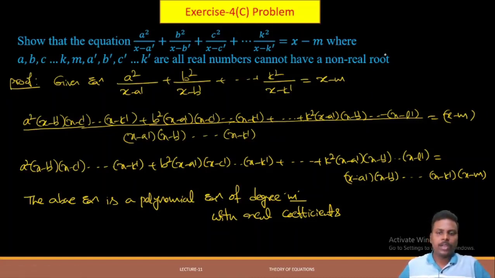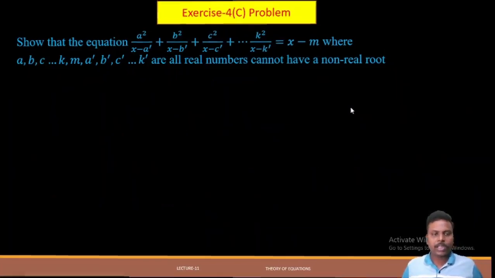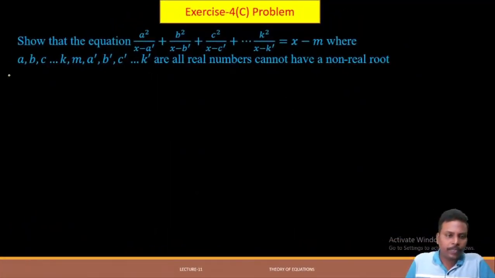So the given equation is a polynomial equation of degree m with real coefficients. But to solve this problem we will use the given form itself. Let us continue the problem here.